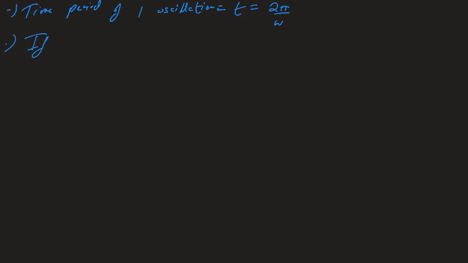If this factor of 2 pi by omega, the time period of the wave, is much greater than the characteristic time tau, then any free charge dissipates, and you don't need to worry about it for an electromagnetic wave.